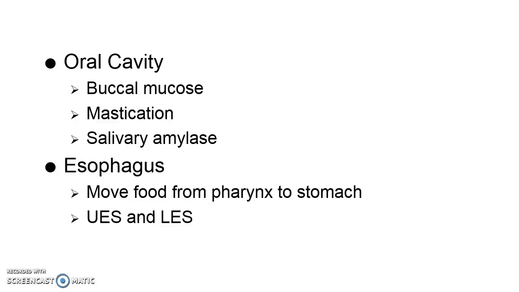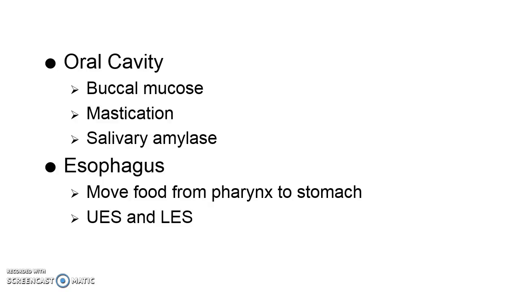Then we have the LES, the lower esophageal sphincter, and when at rest, it's normally closed to prevent reflux of particles back into the esophagus. So whenever we swallow food, the UES opens, allows the food to go down the esophagus, and then the LES opens to allow food to go into the stomach. Then they both close after we have swallowed the food.